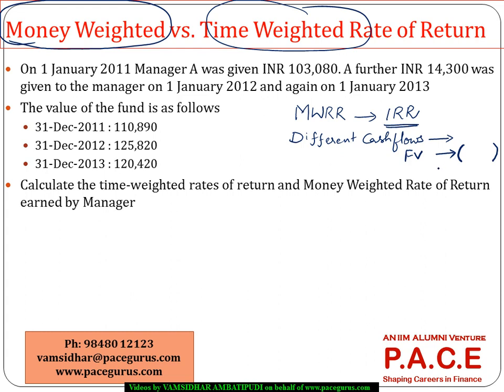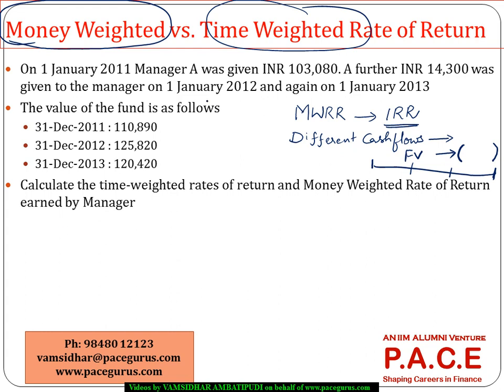What rate of return is contributing to this right from the beginning till the last, with the various intermediate cash flows coming in? What is the final return that is getting generated on the project? That is what comes out through your money weighted rate of return.